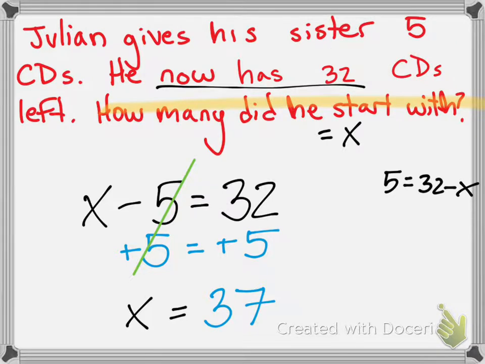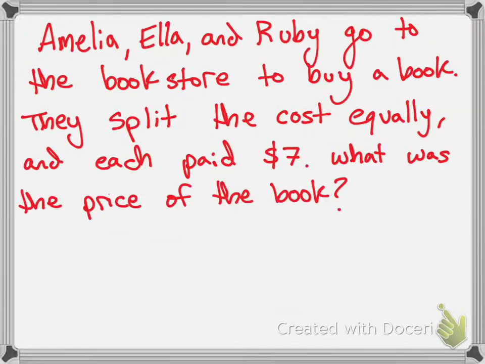So we need to make sure that the equation we write gives us x equals 37. So 5 equals 32 minus 37. Does that work? No! So always double check your work.